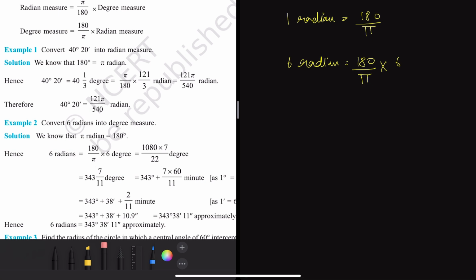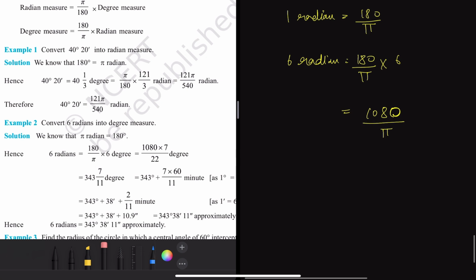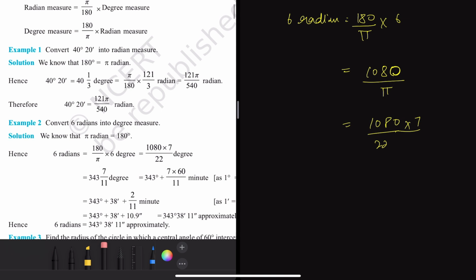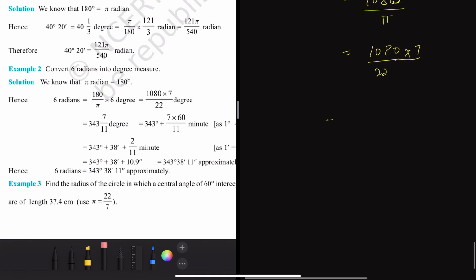Now you can leave it at that also. You can just multiply 180 by 6, which will give you 1080 upon pi. Or if you want, you can solve it further by putting the value of pi, which if you solve fully you will get something like 343 7 by 11.